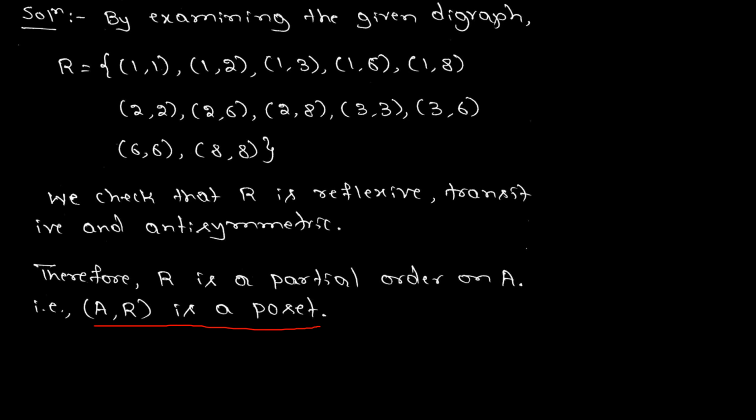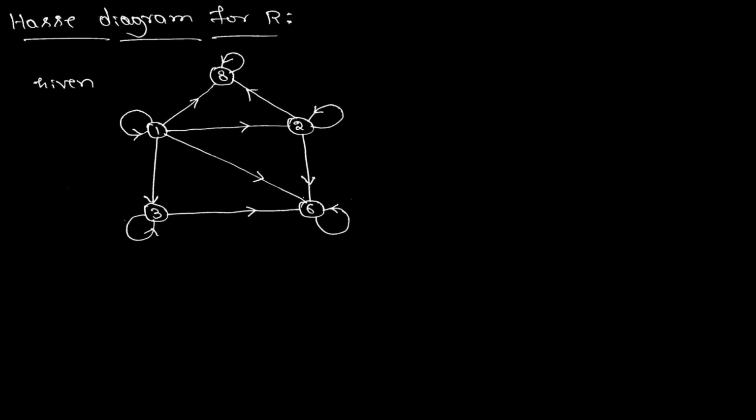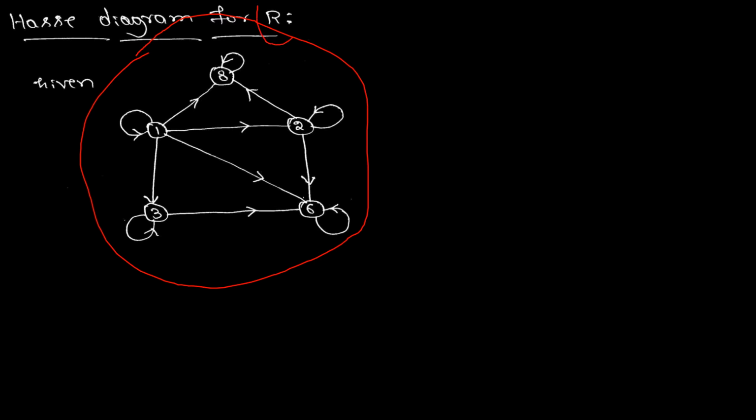So the first part of the question is over. Now we go for the second part of the question. We need to make the Hasse diagram. For that, first we need to draw the digraph of the given relation. Anyhow, in the question, the digraph itself is given.